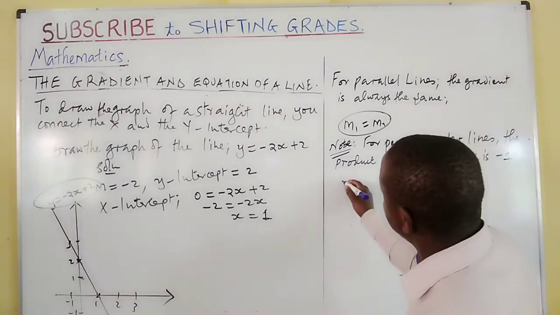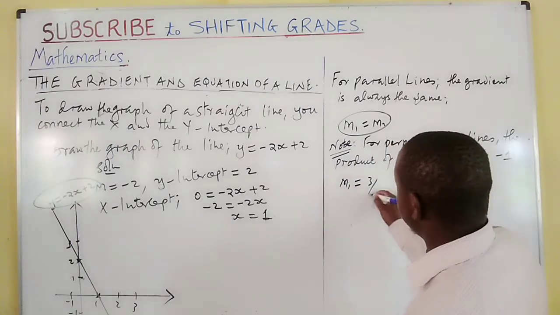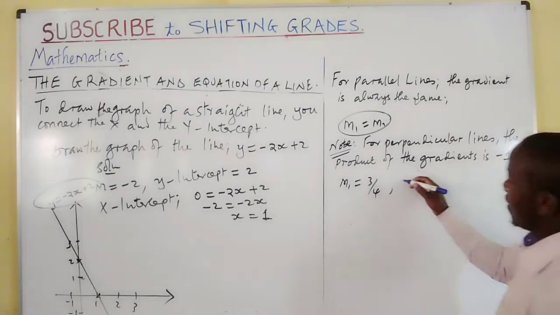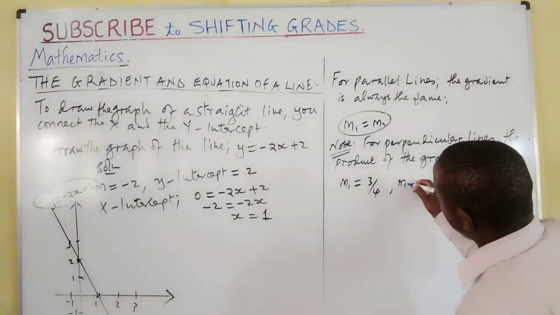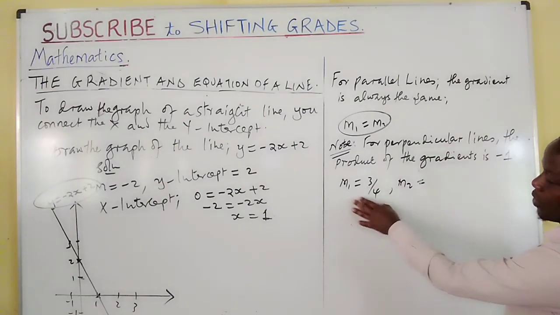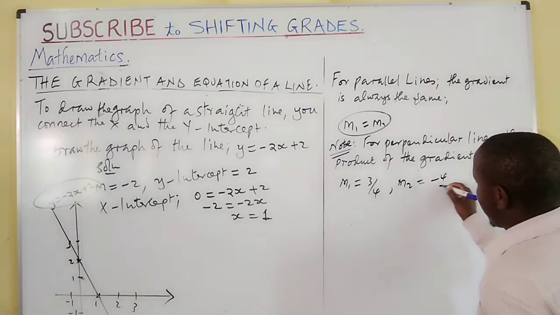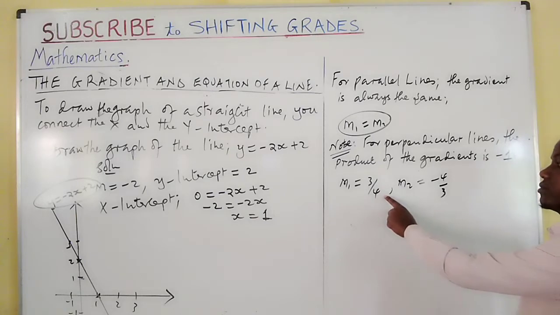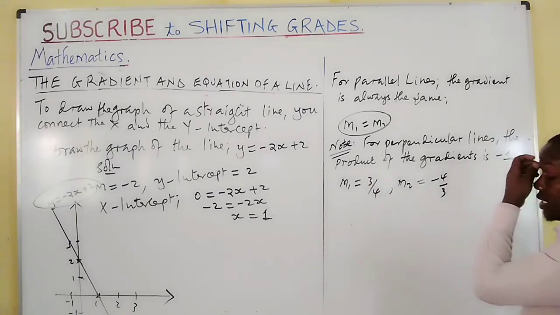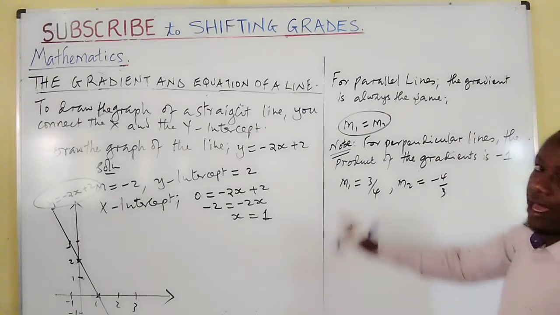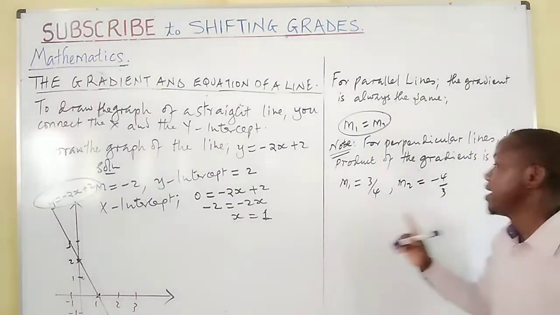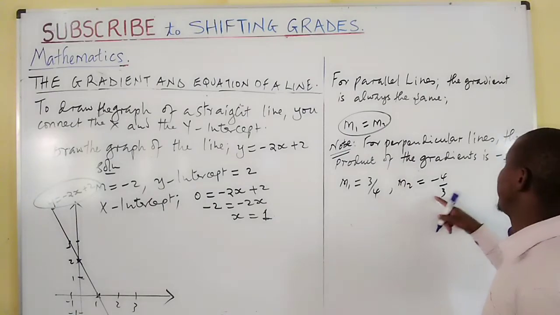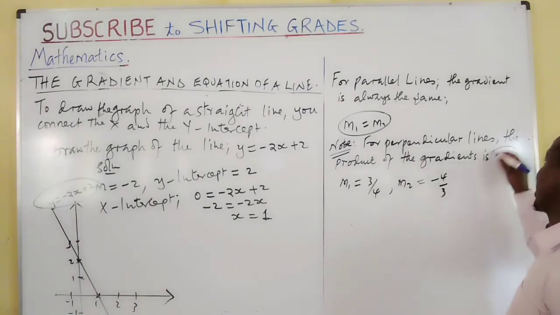Therefore, if you have a line 1 with the gradient 3/4, and another line is perpendicular to it, then when the two gradients are multiplied, they will give us -1. So the other gradient will be -4/3. So if a line has a gradient and there is another one which is perpendicular to it, then the gradient of the other one is always such that when the two are multiplied, they will simplify to -1.